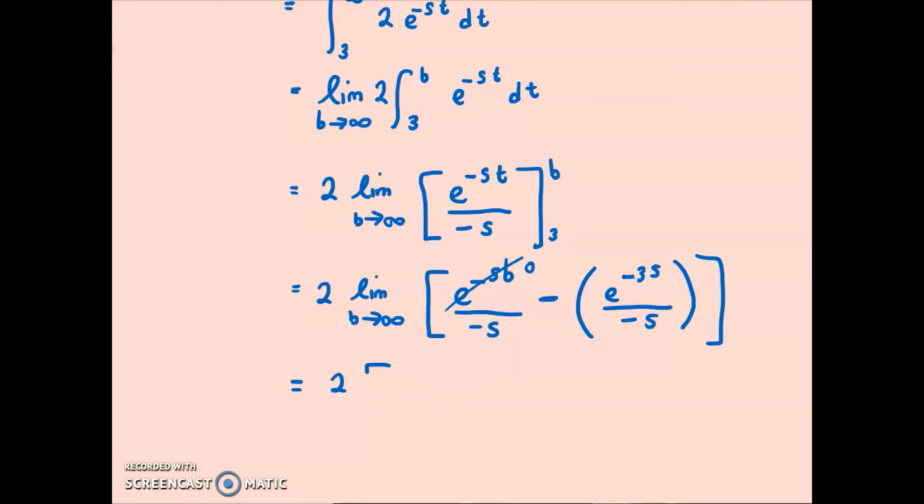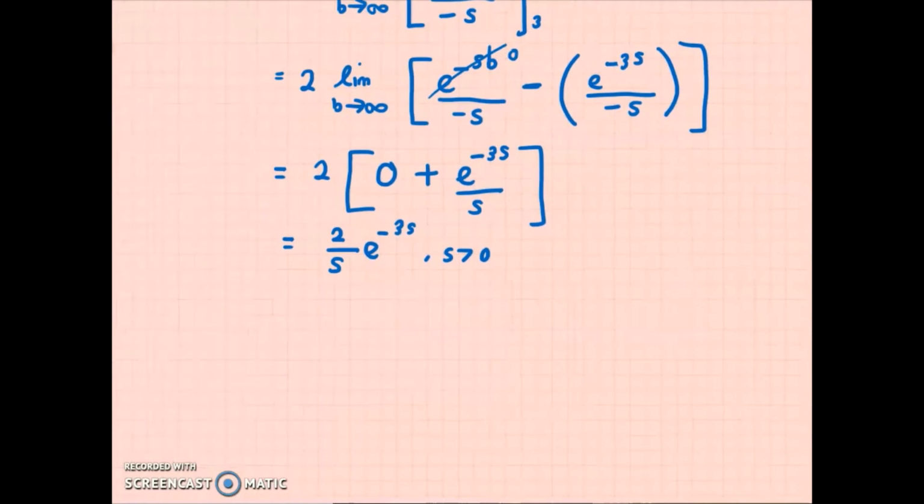So I have 0, negative, negative, positive, e^(-3s) over s. Are you with me? Okay, so simplifying, I have 2 over s times e^(-3s). And this is true if s is greater than 0. There you go. This is how you find the Laplace transform of a piecewise function.